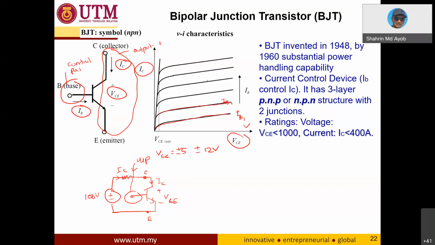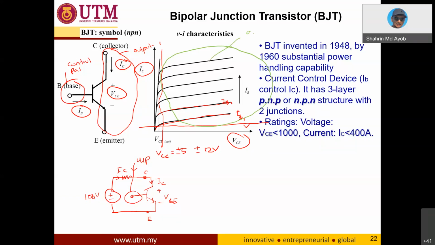In a transistor, just to recall, we can divide the transistor region into 3 regions. This is what you have learned during the electronics course.